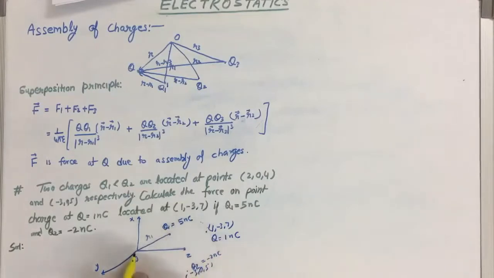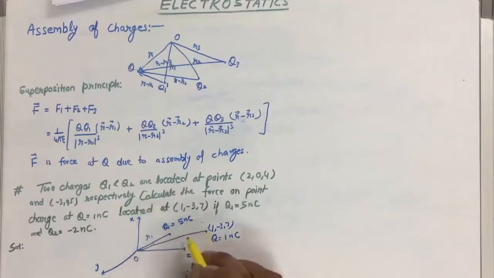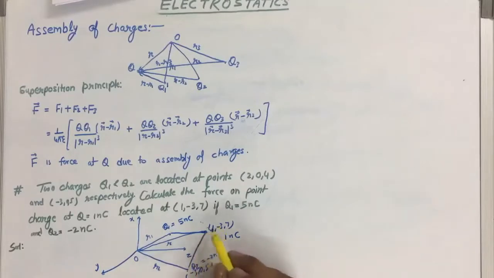This is considered as R. This is considered as R2. So the force on this due to this will be this one. Force on this due to this will be this. So this will be net force on point charge 1 nanocoulomb due to these two charge systems.